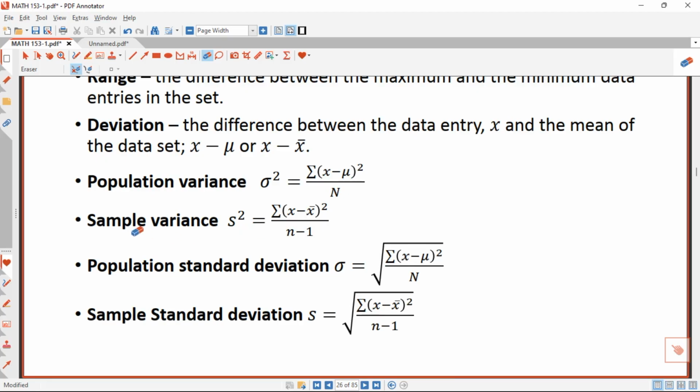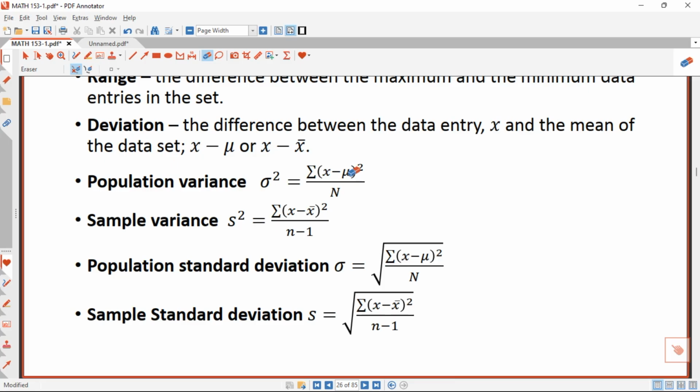And then we have what we call the sample variance. The sample variance is usually represented by s squared, and it is the summation of x minus x bar all squared, divided by n minus 1. So there is a little difference between the sample variance and the population variance. In the sample variance we see x bar, but for the population variance we see the mean to be mu.